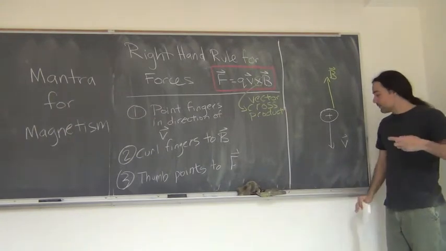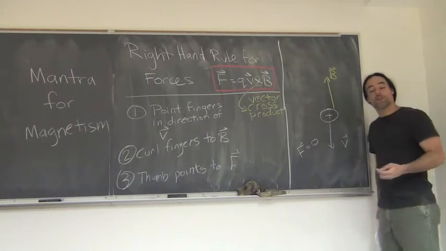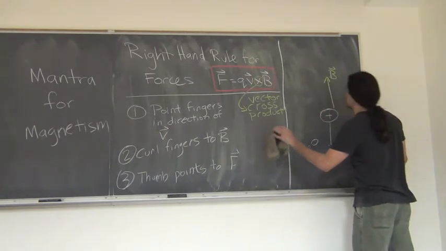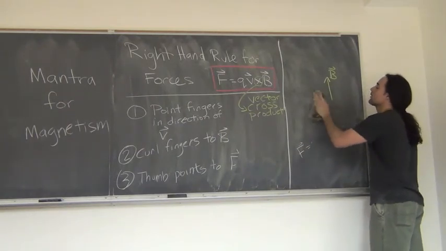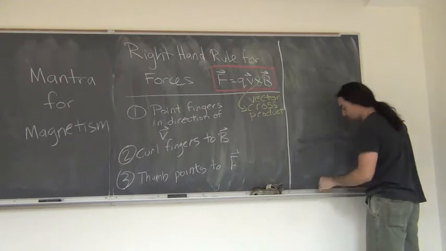It's undefined. The only answer we can say for this is that the force is going to be 0. Okay, so that was for if V and B pointed in the same directions as each other.